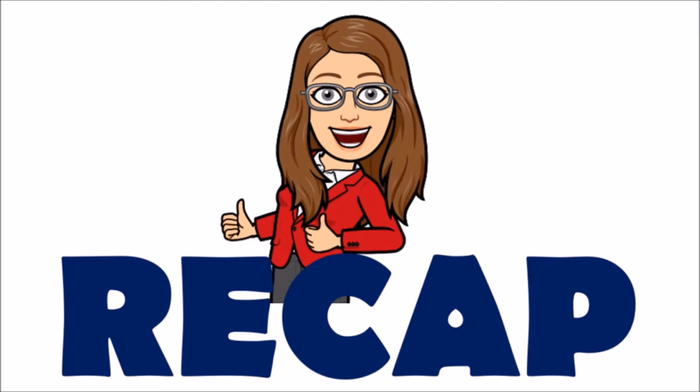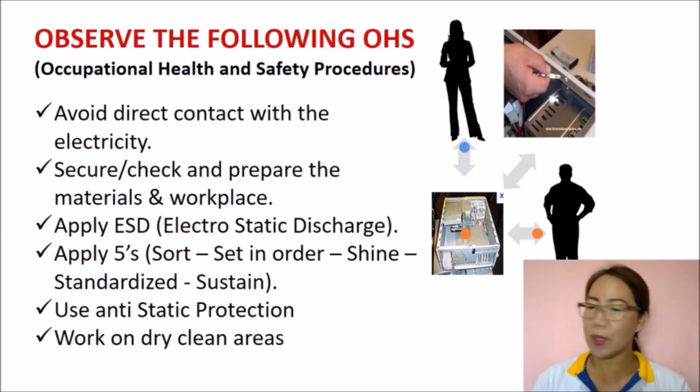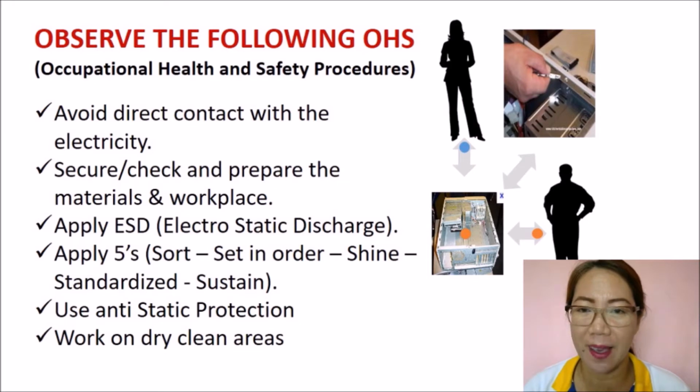Okay, let's proceed now to the OHS. What do you mean by OHS? Yes, that is Occupational Health and Safety Procedure. You need to observe the following OHS before you start assembling or disassembling the computer system. Number one, avoid direct contact with electricity.